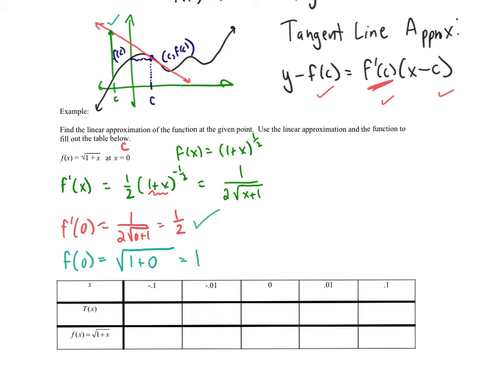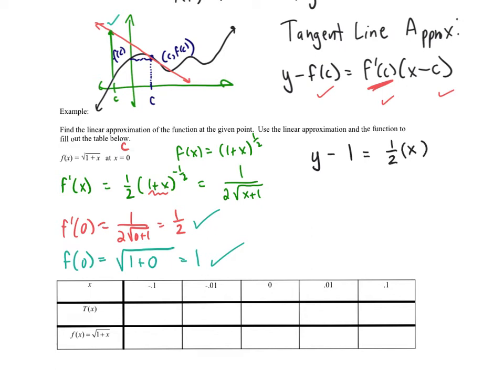So I have my slope, I have my f of c value, so I can find my linear approximation. I am going to call it t of x to represent tangent of x. So we'll do y minus f of c, which is 1, equals f prime of c, which is half, times x minus 0.